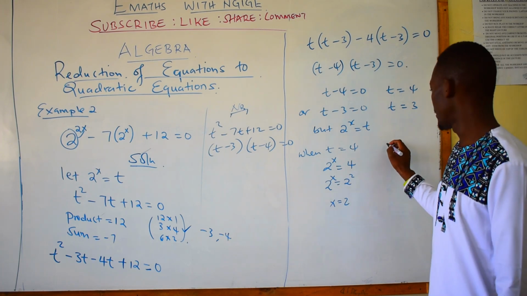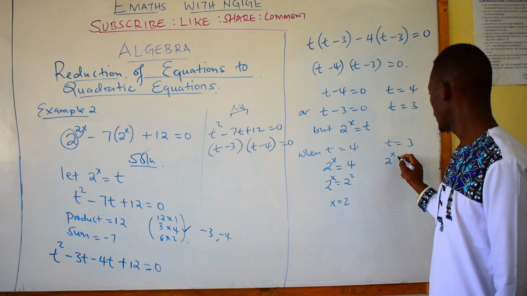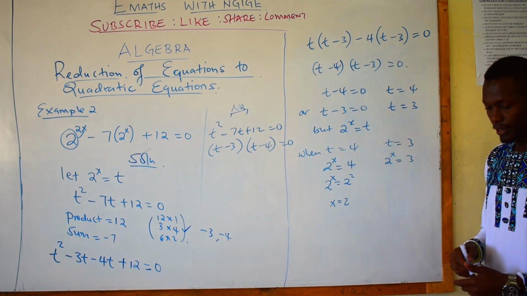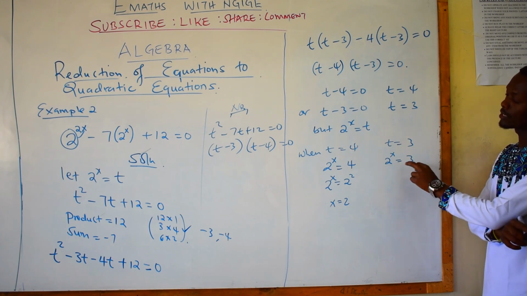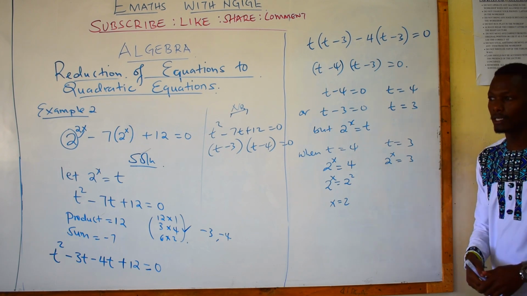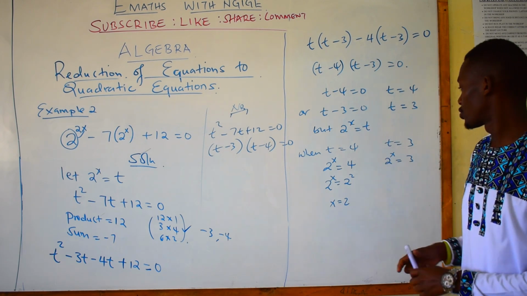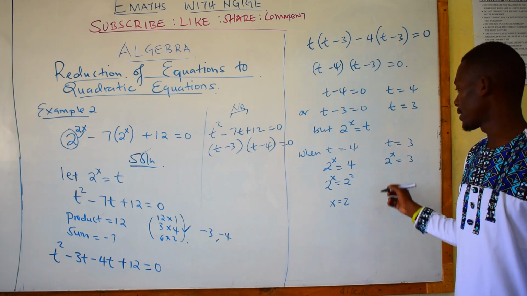Then, when t equals 3, we have 2^x equals 3. Now, in this case, you cannot write these two terms to the same base. There is no way you can write 3 as a power of 2. So we introduce the natural logs or the common logarithms.